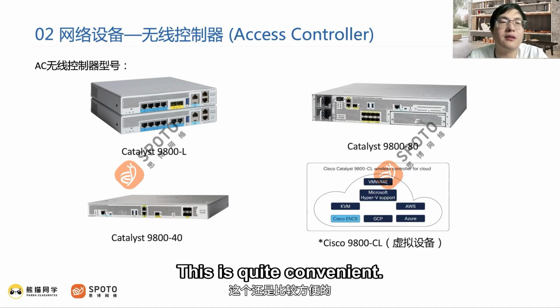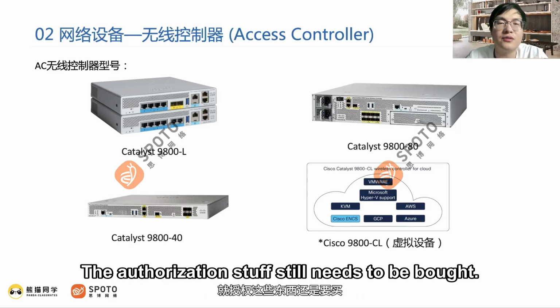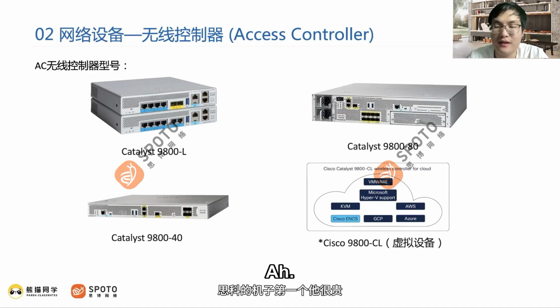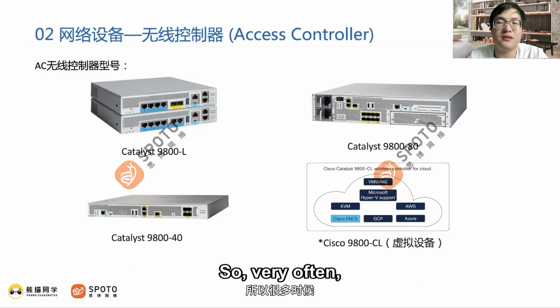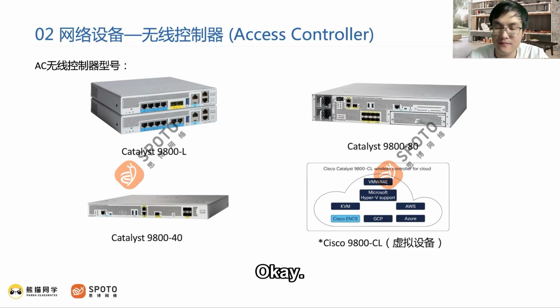This is quite convenient. You still need to purchase the license, the authorization still needs to be bought, just no need to buy the physical box. Also, the physical box has a delivery lead time. So very often, we will adopt this method and use virtual devices.